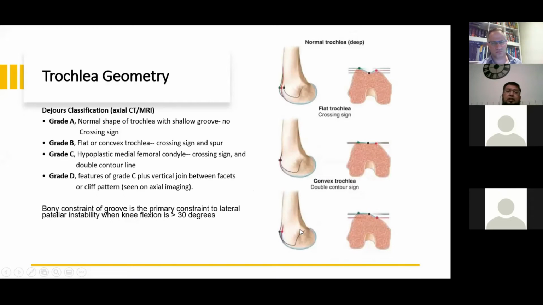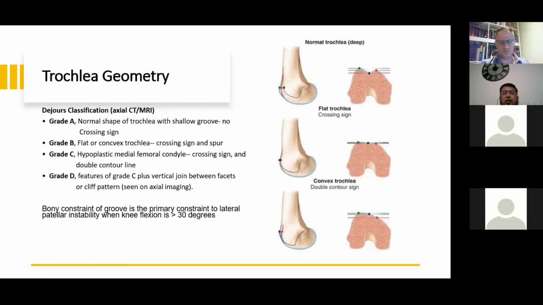And then comes the trochlea geometry. The trochlea is over the anterior surface of the distal femur, and it has two condyles, medial and lateral, in the form of a ridge, and we can classify according to the Dejour classification, and that classification is based on the CT scan or MRI axial images.